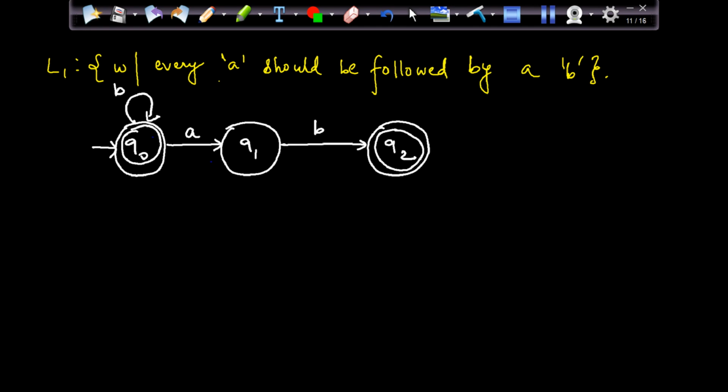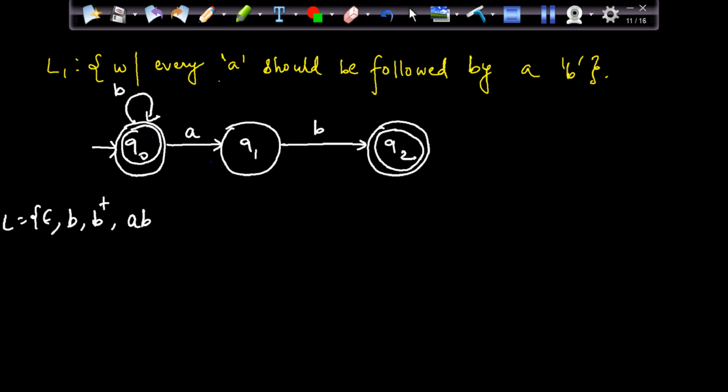Because the condition is not that you have to see A. But if A is there in the string, the next symbol in the string should be B. So the language contains epsilon, the language contains simple b, or any number of b's. And if you see an a, then there has to be a b. That is accommodated with these two transitions.